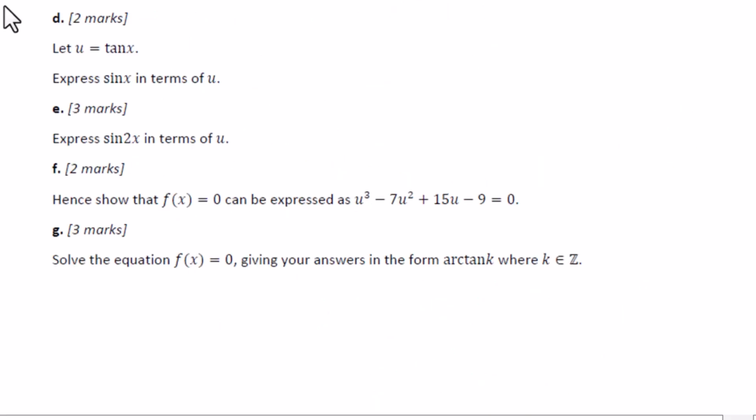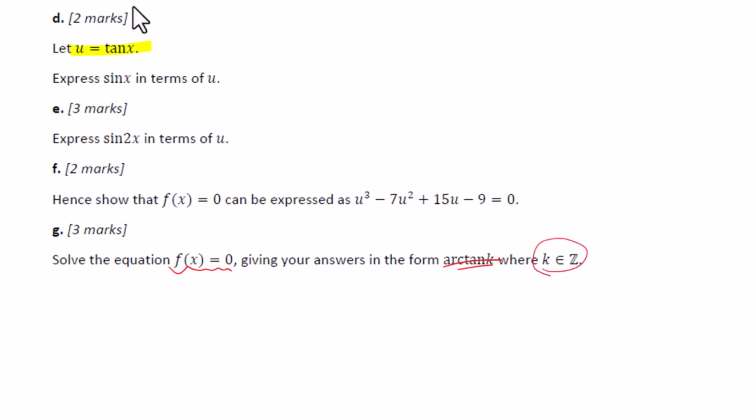Let's go to G. Solve the equation f of x equals 0, giving your answers in the form of arctangent k, where k is an integer. U equals tangent x. We need to solve for u.